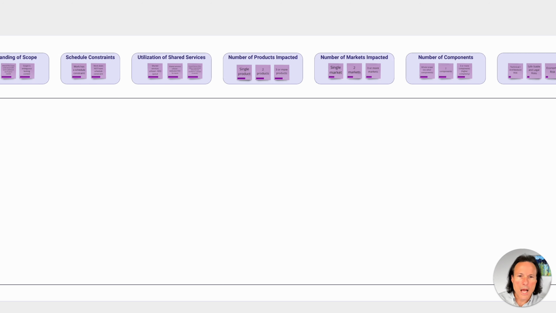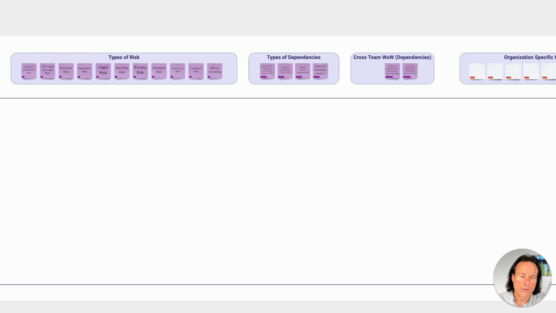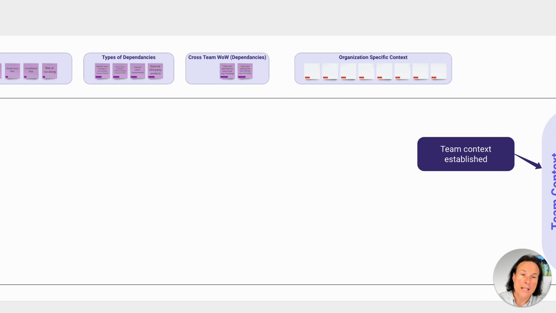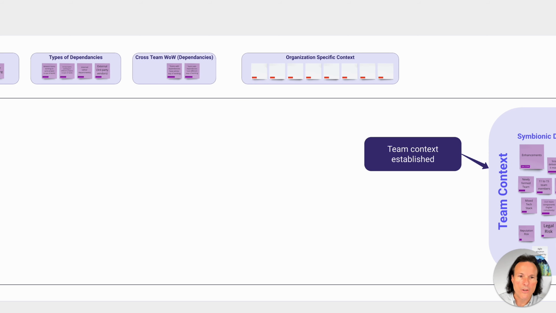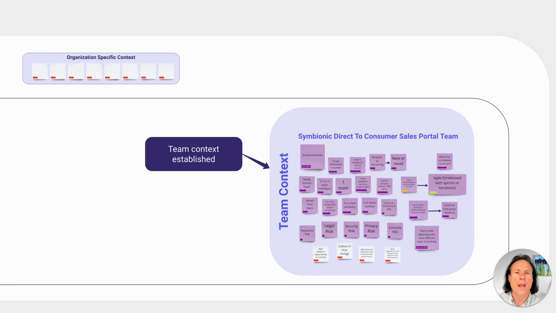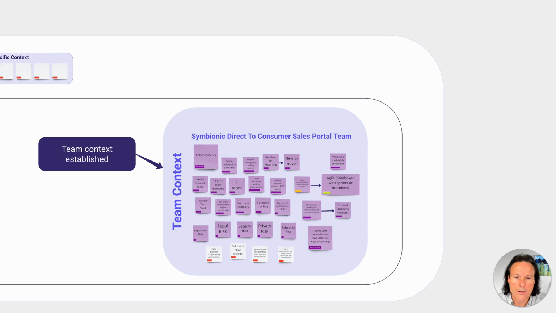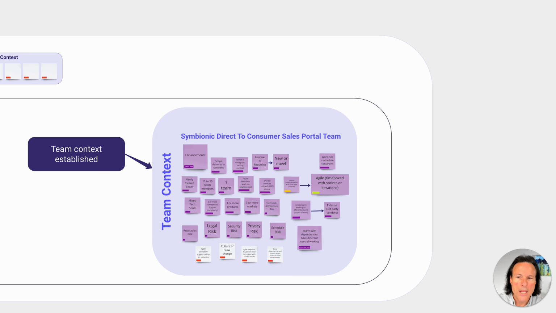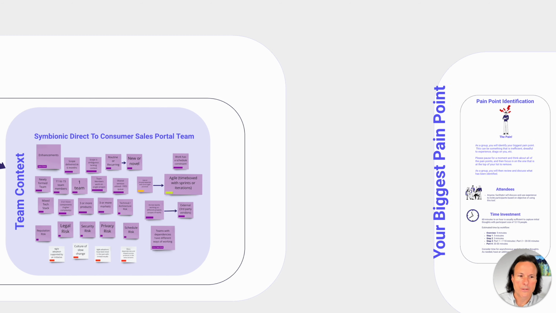We have lots and lots of attributes that we can take a look at, as well as things that are going to be specific to that organization, things that we don't have within our template that are a bit unique to that context, to come up with what does this team focus on? What types of risks do they encounter? Where is it a new team? Is it work that they do that's new or novel, or is it just kind of routine? So we establish team context.